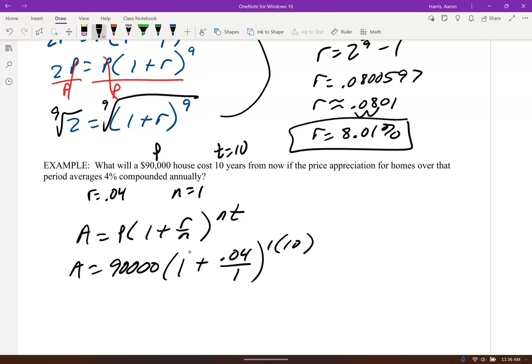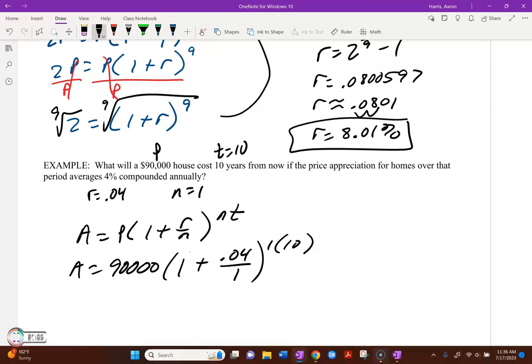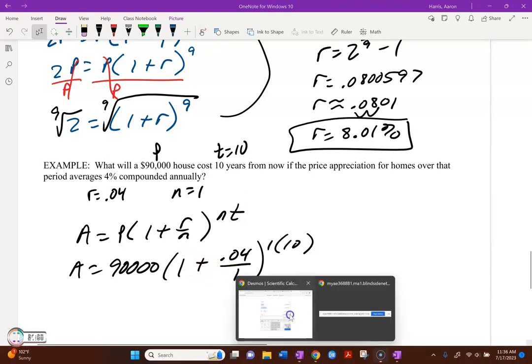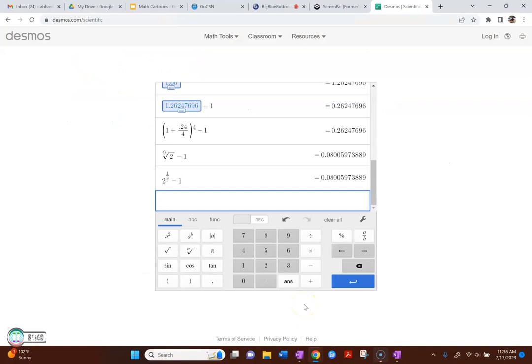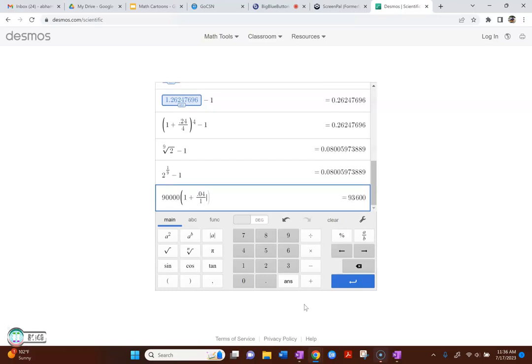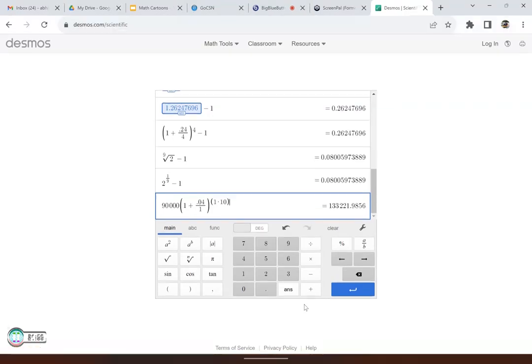Let's see what that gives us. 133,221.9856.